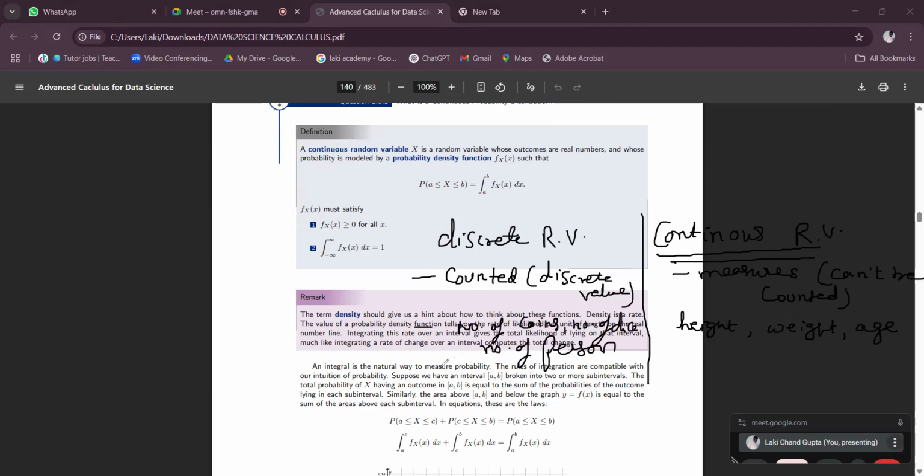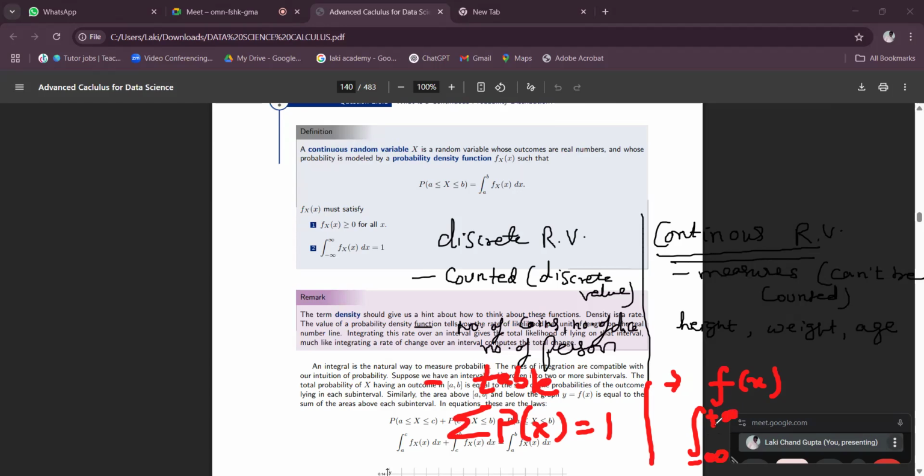In discrete value, the distribution function is represented by a table, in tabular form, and the sum of all probabilities is equal to 1, right? But in a continuous random variable, it is represented by a function, and the integral from minus infinity to plus infinity of f(x) dx is equal to 1.